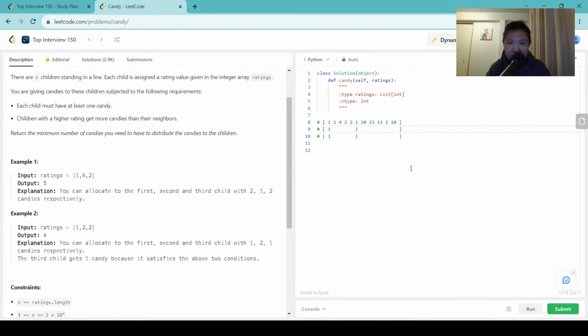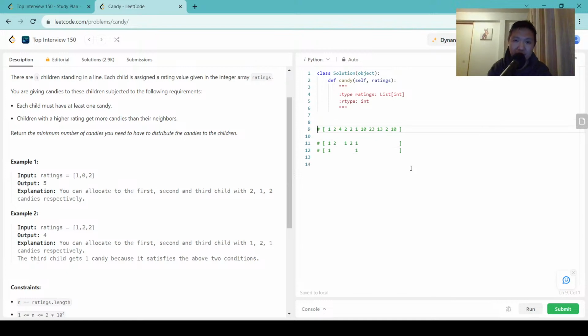So they have to be at least 2. This person has nothing on their left. They're not higher than either of their neighbors. Oh, this is interesting. So this person gets 1 because they are not higher than either of their neighbors. And so this person over there needs to get a 2 because they're higher than their neighbor to the right.